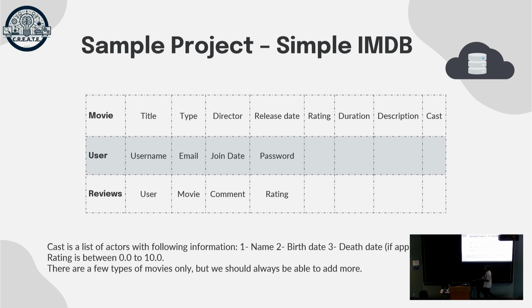Something to keep in account is the movie's cast. They can have several cast members, so it's an array. We usually want to separate that into more tables. And the ratings, both over there and here, are going to be floats between 0 and 10.